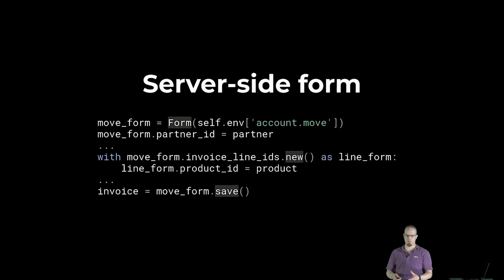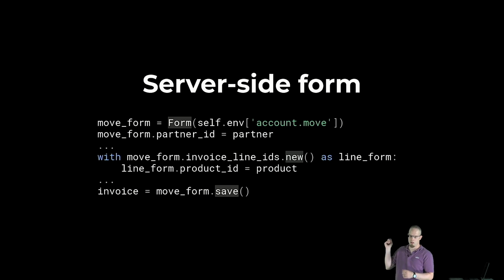The server-side form is actually a class called form, and this is how you use it. When you instantiate this thing with a record, here we do it with an empty record set. If you do it with an empty record set, you're in the situation where you want to create a record. If you give an existing record, then you'll go for editing that record.